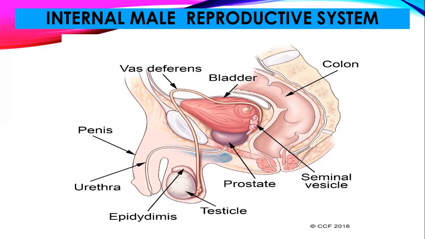The seminal vesicles are sac-like pouches that attach to the vas deferens near the base of the bladder. The seminal vesicles produce a sugar-rich fluid, usually fructose, that provides the sperm with a source of energy to help them move. The fluid of the seminal vesicles makes up most of the volume of a man's ejaculatory fluid or ejaculate.